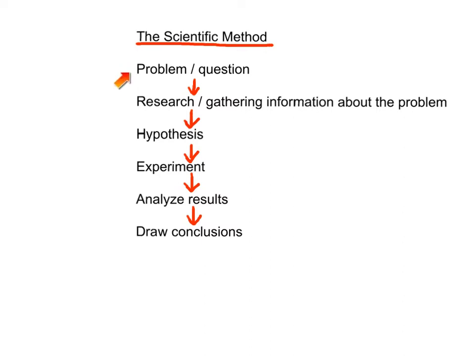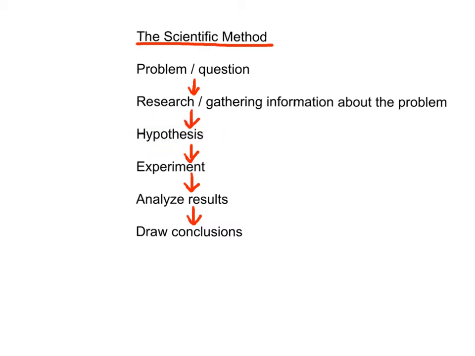So the scientific method begins with some problem to be solved or question to be answered, and then usually some research, gathering information about the problem. After that, there's some idea, some prediction of what you think will happen. This prediction is called a hypothesis.